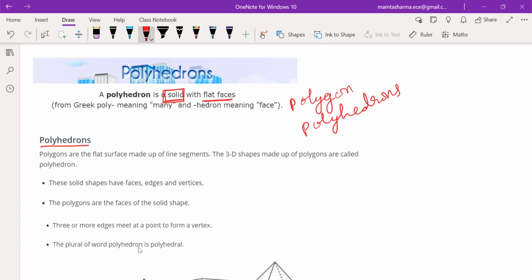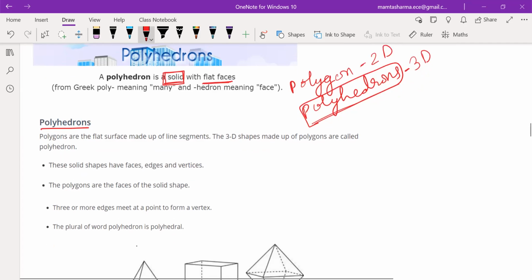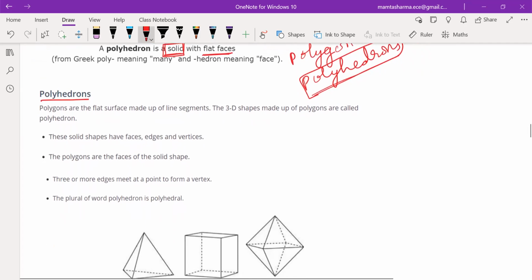Polygon is the 2D shape, and polyhedron is the 3D shape of polygons.